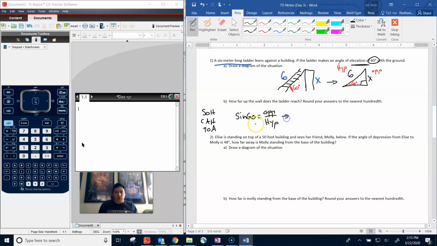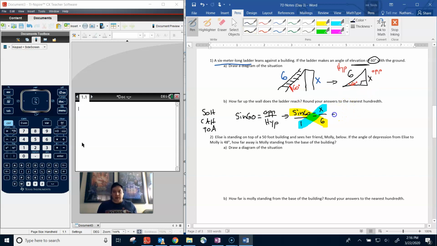Now, if you're in the last video, you can kind of skip this step because it's just going to turn to sine of 60 is equal to our opposite, which is x over our hypotenuse, which is 6. This side, we're going to put it over 1. And then, because we have this ratio now, we're going to cross multiply. So let's cross multiply: sine of 60 times 6, and x times 1.